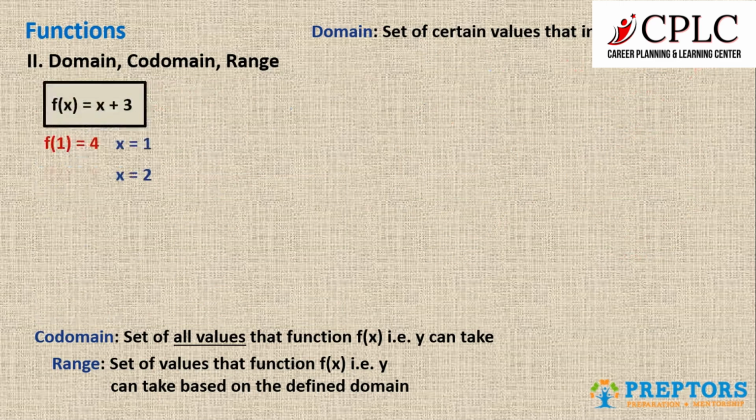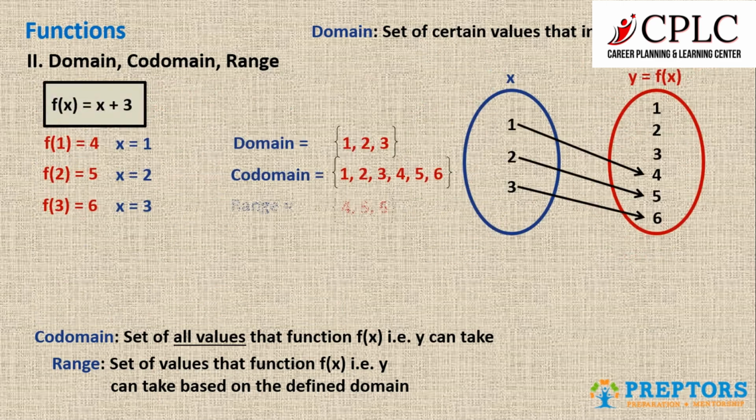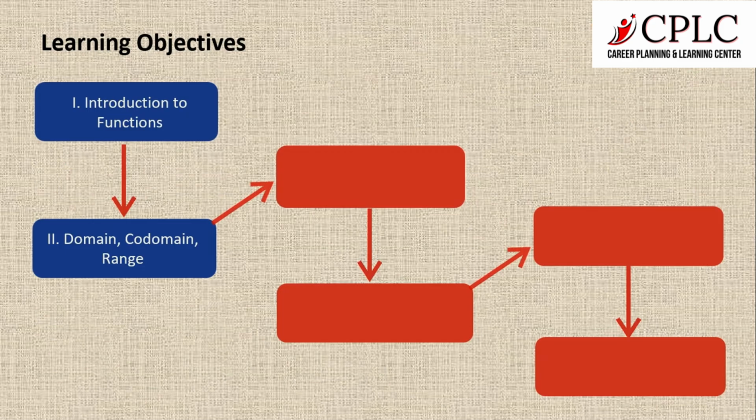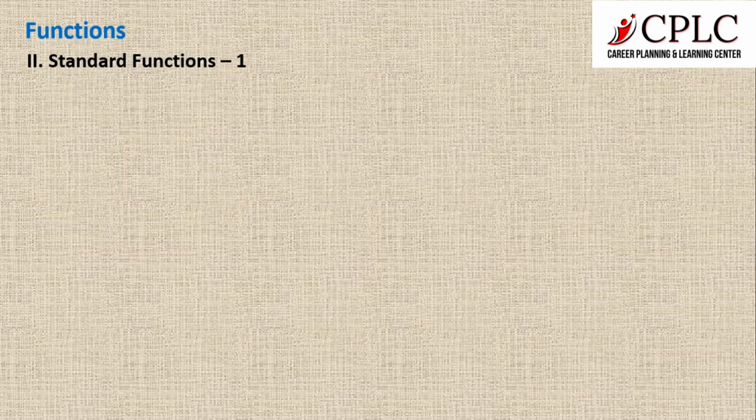The next part of this topic is basically a few of the standard functions that we are going to explore now. The first one is the identity function. Identity function is basically y is equal to x. Whatever is the value of input, the same will be the output. So suppose you take x is equal to 3, the input is 3, the output is also 3.